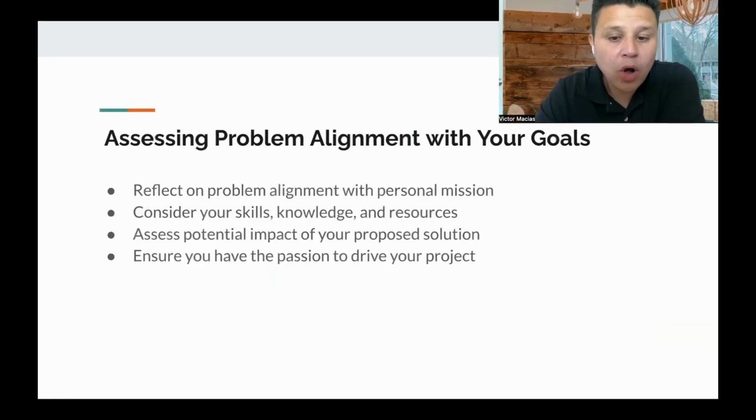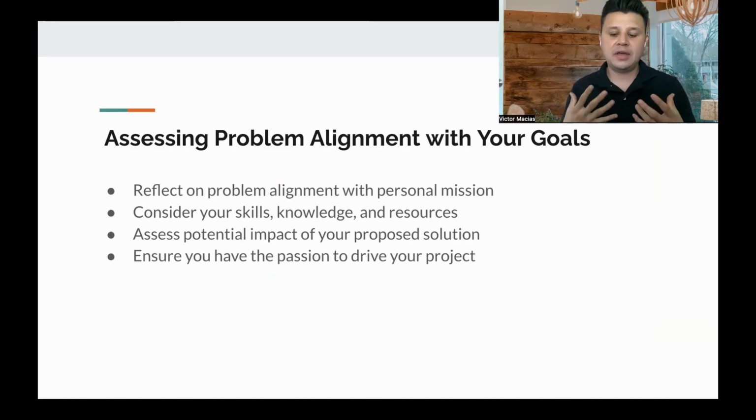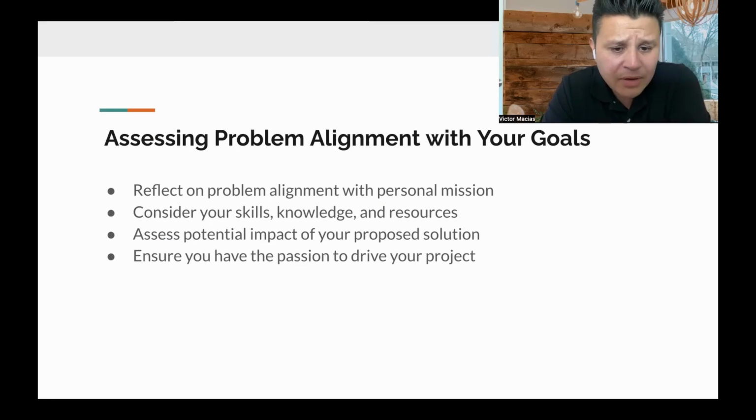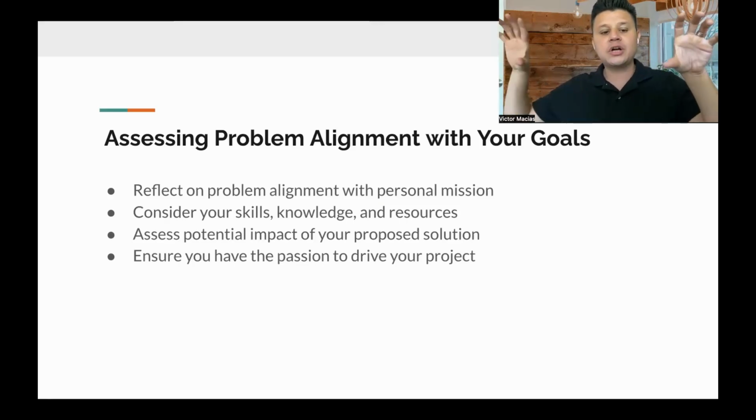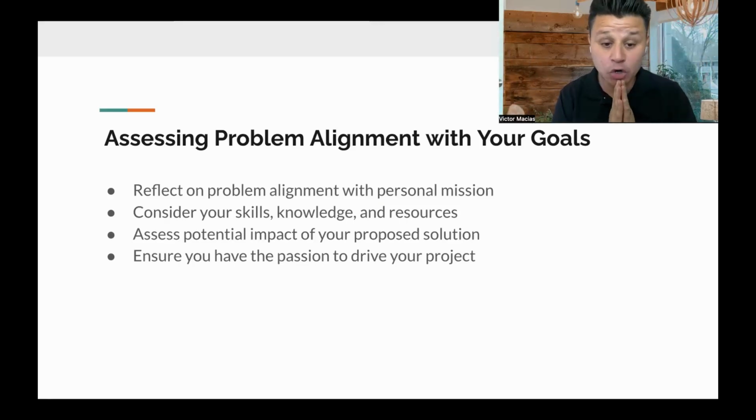Once you determine what you want to solve, what the problem is, we want to make sure that there's alignment. You see, just because an opportunity exists, does not necessarily mean that we are the best person to solve or to go after that opportunity. So reflect on the problem alignment with your personal mission. Remember that North Star, that personal mission goal that we created? Does it align with the problem that you're trying to solve? Consider your skills, knowledge, and resources.